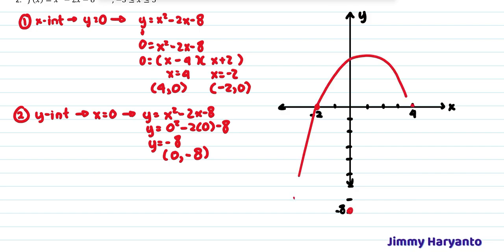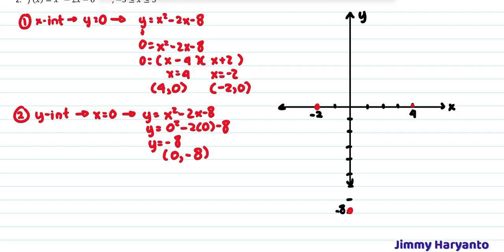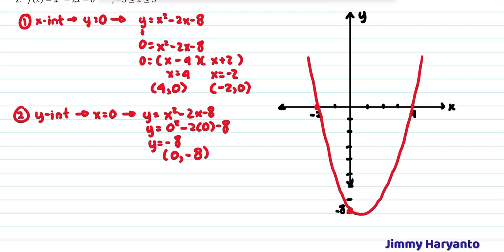If we connect it like this, it cannot work, because it will not touch the negative 8. So we have to connect it like this. It doesn't mean that we have to go back at negative 8. Just draw the parabola perfectly like this. Oh no, my bad. Just like that.